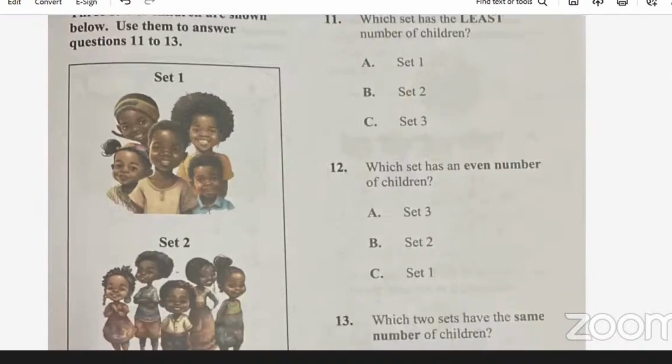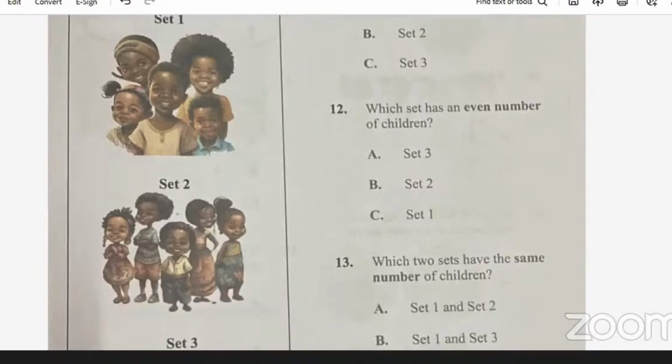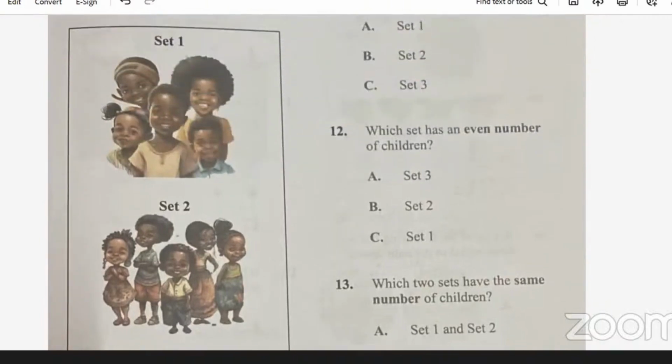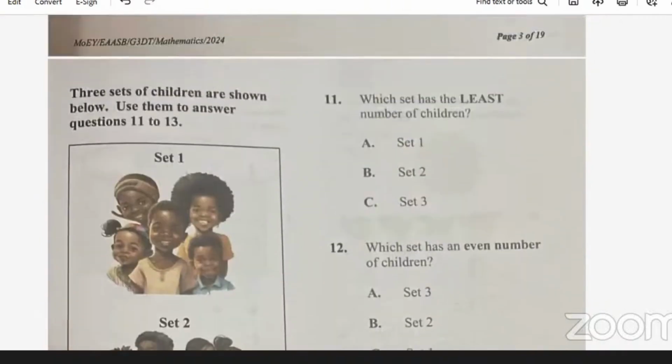All right, so let's look at the picture. We have set 1, which has 5 students, set 2, another 5 students, and then set 3 with 4 students. Well, they are students or children. We could say children. All right, so let's go to the first question, question 11. Which set has the least number of children?